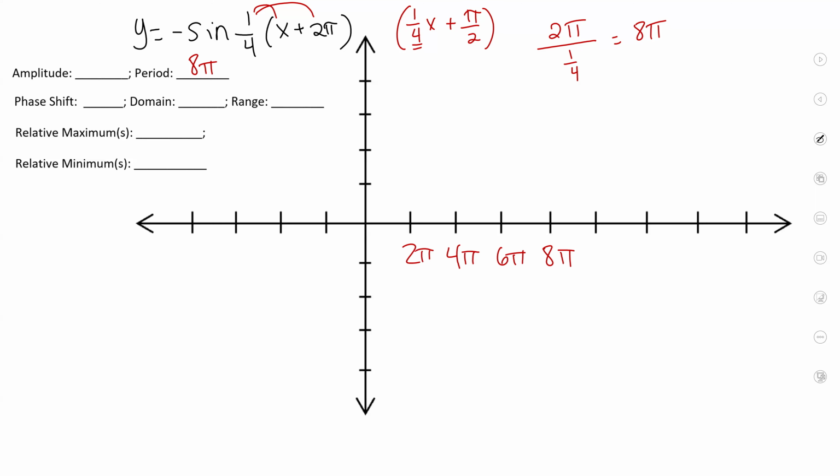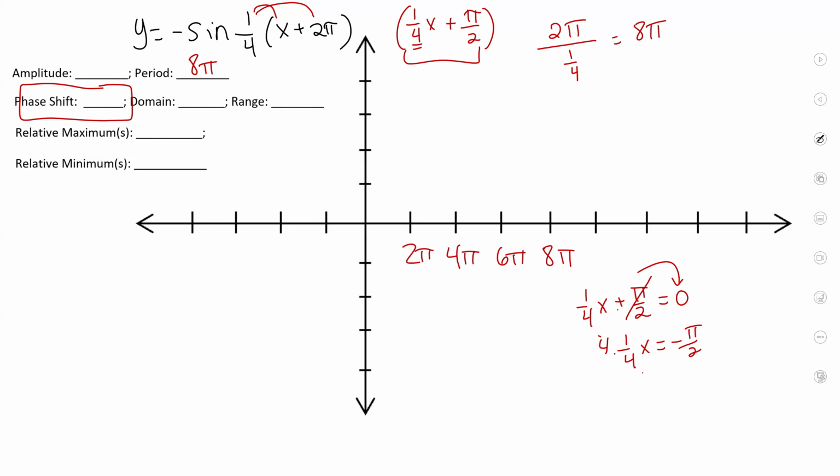All right, now to find the phase shift, you have to set all of this equal to 0 and solve it. So that will be 1/4 x plus π/2 equals 0. 1/4 x equals -π/2. I just moved this to this side. And then multiply by 4.